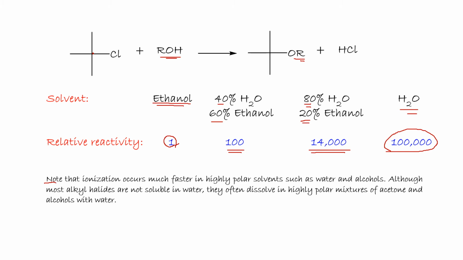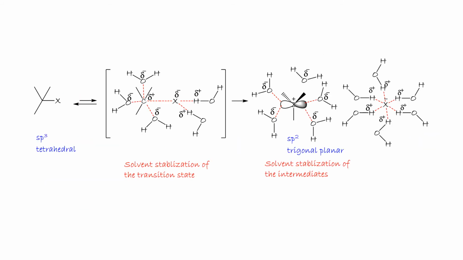Note that ionization occurs much faster in highly polar solvents, such as water and alcohol. Although most alkyl halides are not soluble in water, they often dissolve in a highly polar mixture of acetone, alcohol, and water. This slide shows how water facilitates the SN1 reaction via solvation of the transition states as well as the intermediate.